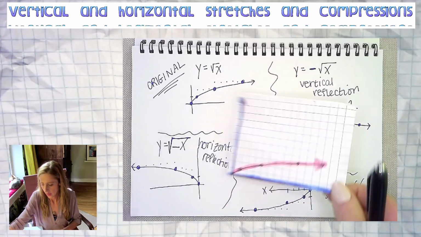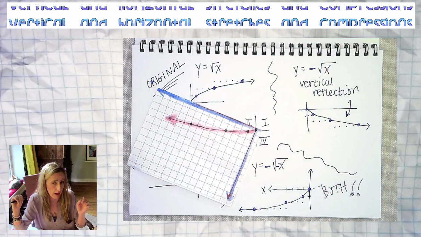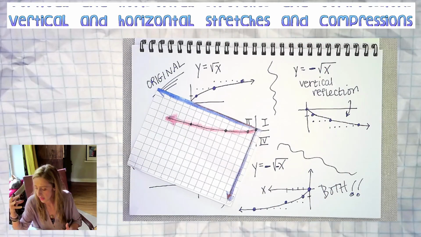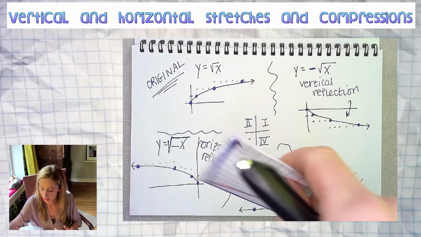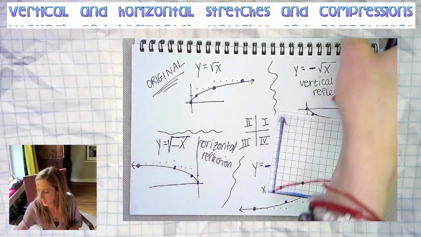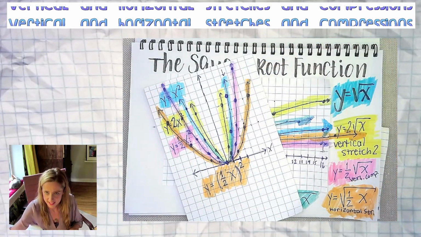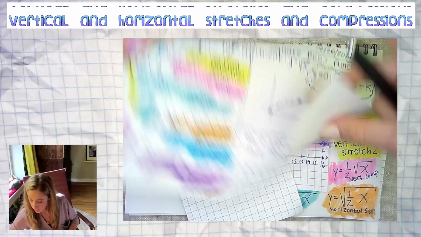All right. And that will happen for all the graphs we learn. Every single graph we learn, the same things will happen. So if you just learn what the original looks like, you can do all of these things like this, like this, like this.